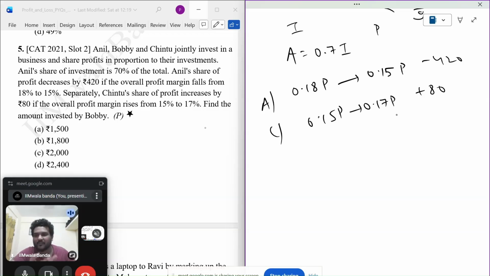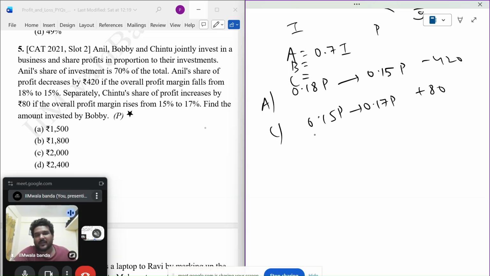Everyone's profit will increase, but C's profit is increasing by 80. Find the amount invested by B. So B also must have invested something, right? And I need to find out the amount invested by B, which will be some value.